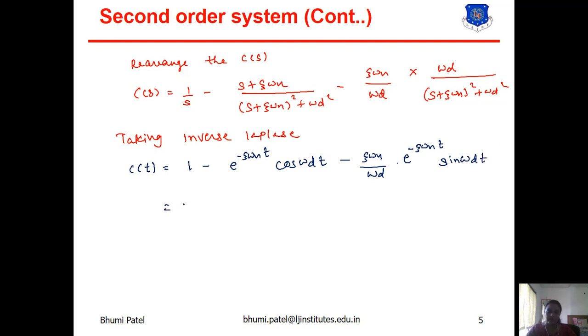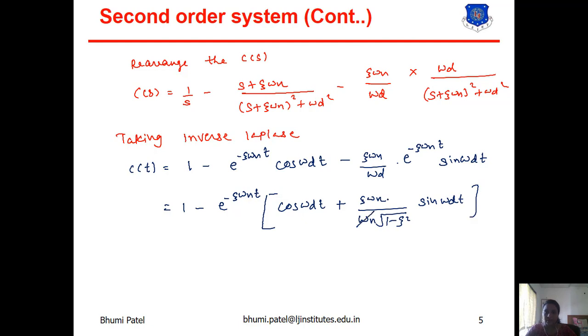So 1 minus, we can take e raised to minus zeta omega n t term constant, so in bracket cos omega d t plus zeta omega n upon omega d, where omega d is equal to omega n root of 1 minus zeta square, so sin omega d t.